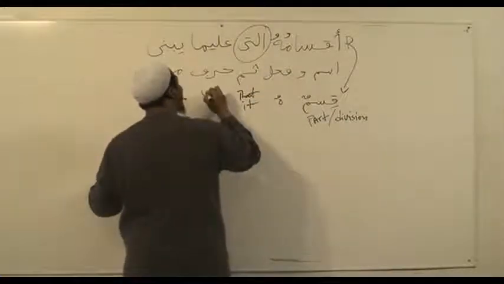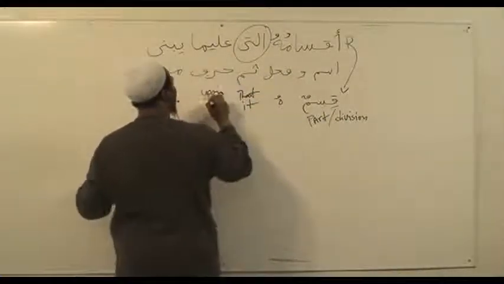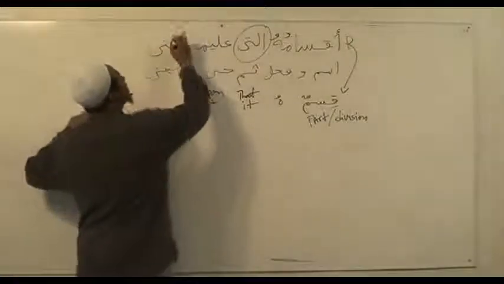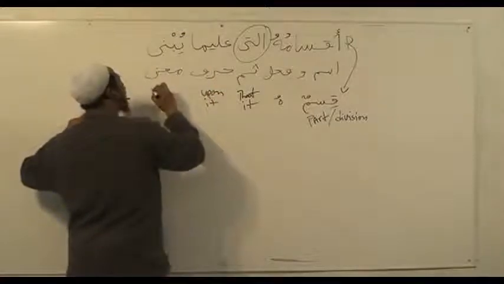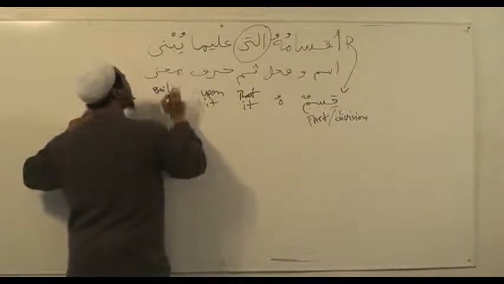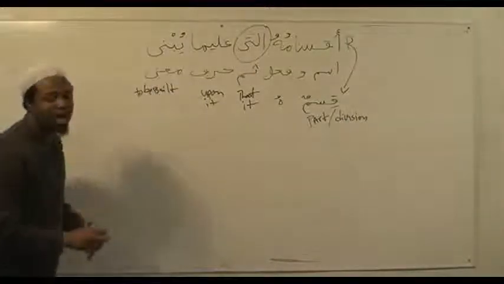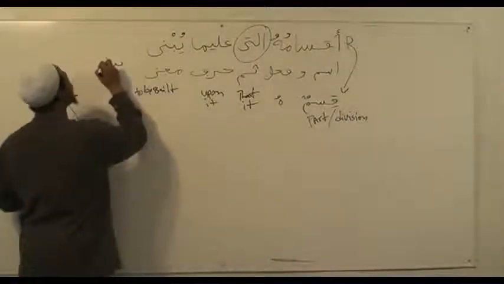Alayha is upon, everybody say upon. Upon it, that it is divided into a certain amount of parts. Yubna, it is built. Say yubna, to be built.